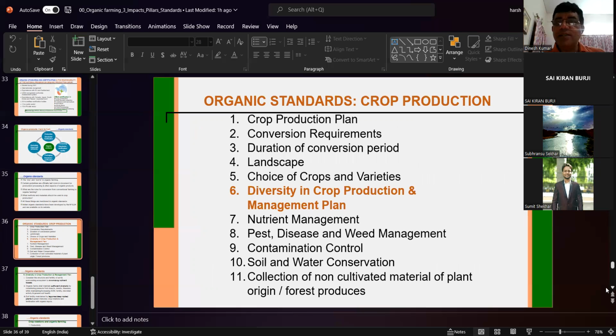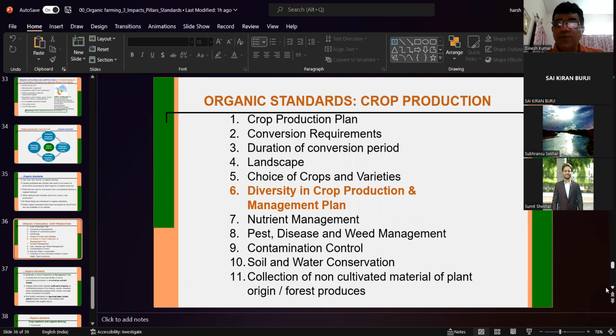So for organic standard, I am giving you crop production. You can see for apiculture, for sericulture, for any other enterprise. So what is there in these standards for crop production? Number one, crop production plan. What kind of rotations are required? How to plan the production? Conversion requirement, duration of conversion period, landscape, choice of crops and varieties.